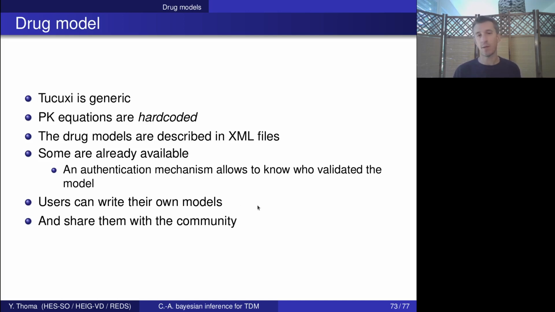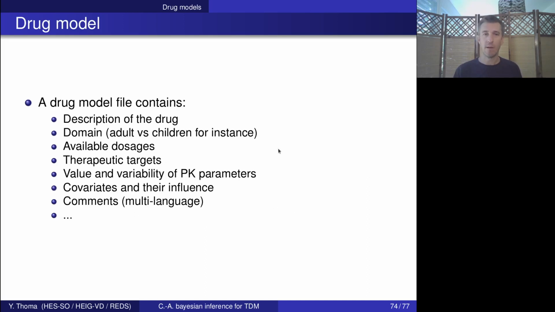And so everyone can write their own models, with the idea of sharing them with the community. So a drug model will contain a description about the drug, the domain, the available dosages, available intervals, and so on, the targets, the PK parameters, their value, variability, covariates and their influence, and so on.